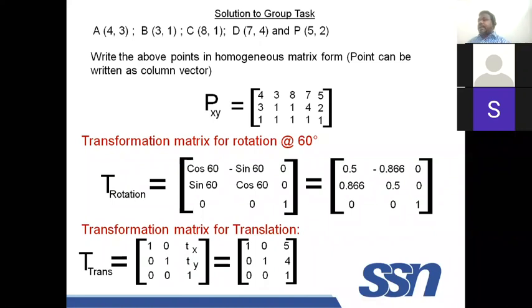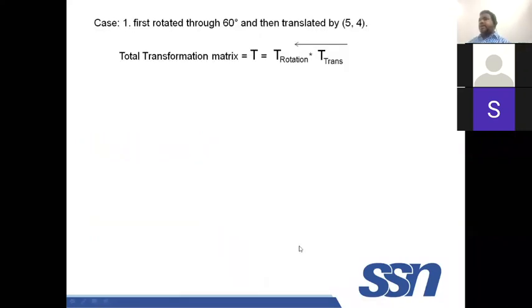Now we are going to the real problem. The order of operation is first rotated through 60 degrees, then translated by 5, 4. Rotation takes place first, then translation. If you write it in this order, multiplication has to be done from right to left.